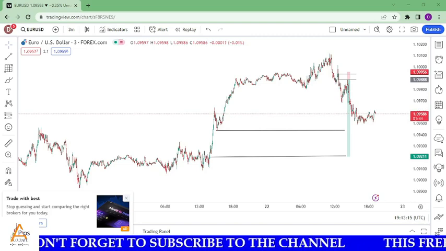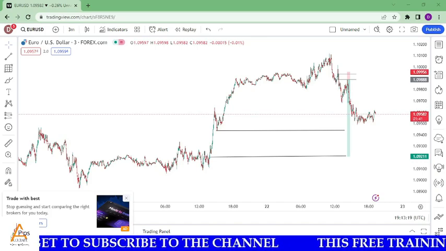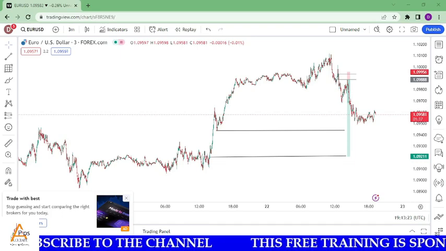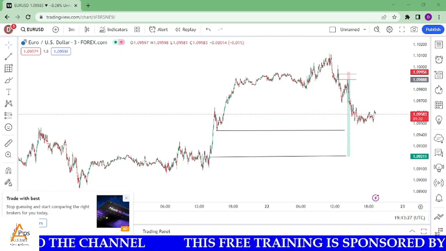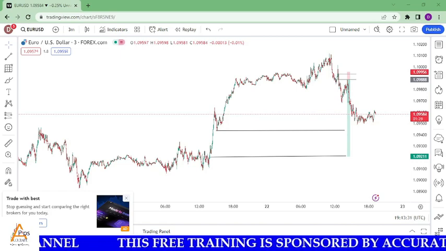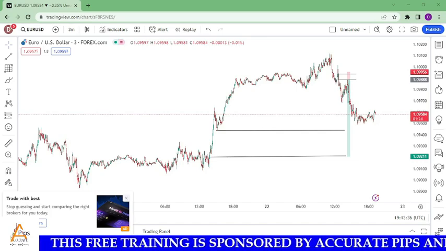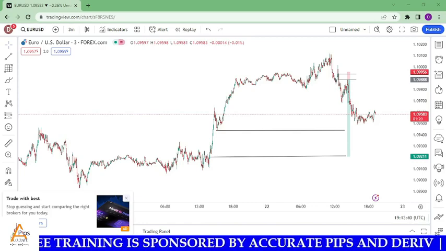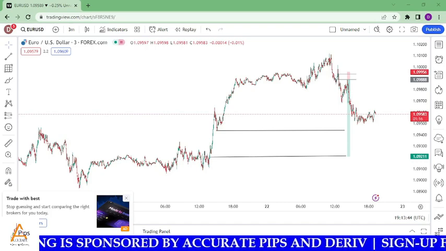All right, so let's proceed with market structure. We'll be able to determine the highs and the lows of the market. So without much talking, let's look at how market structure can help us as traders predict the behavior of the market.